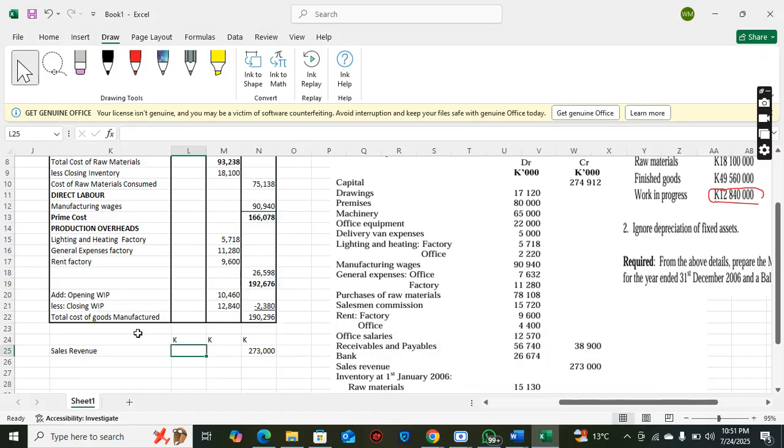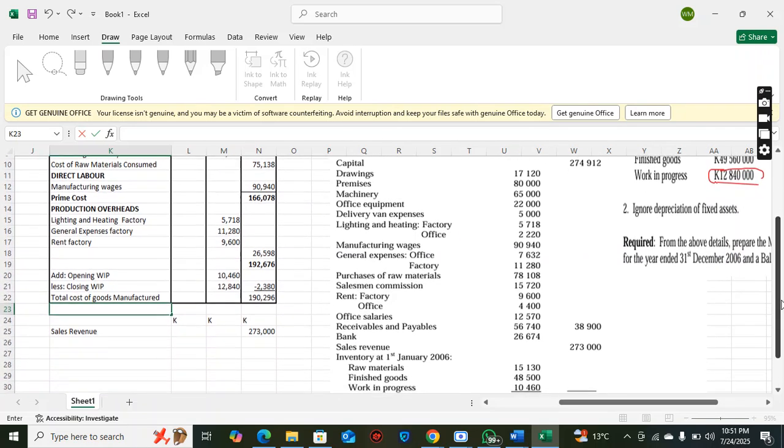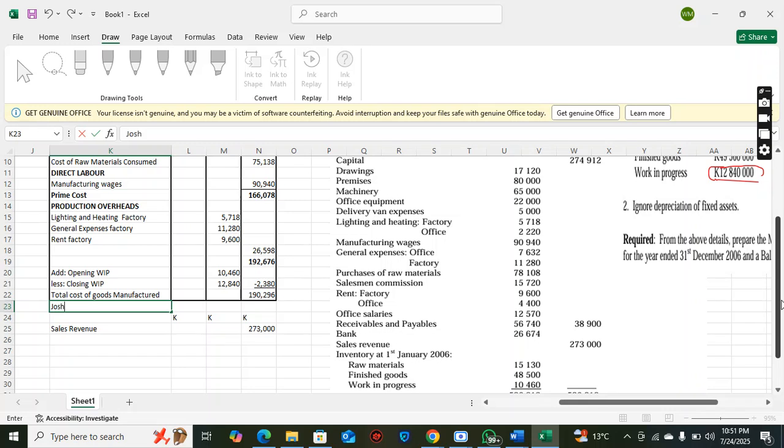So this is how you put the title. You put the person's name first. What's the person's name, or the company's name, in this question? Joshua Mulea.